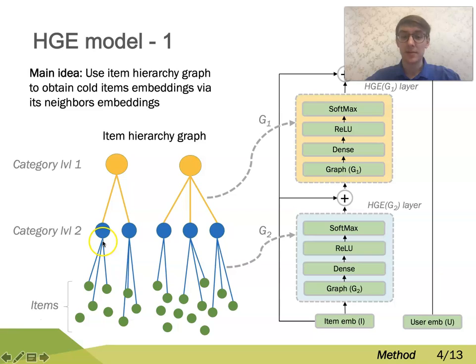Yogurts have a more high-level category, milk products, and so on and so forth. So we want to use this item hierarchy graph. Each connection is represented with a separate hierarchical graph embedding layer.